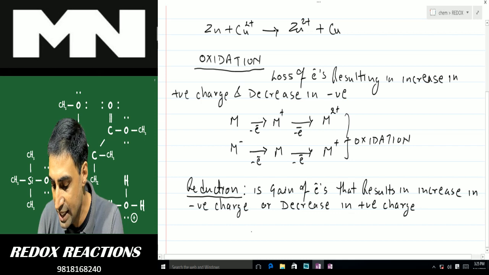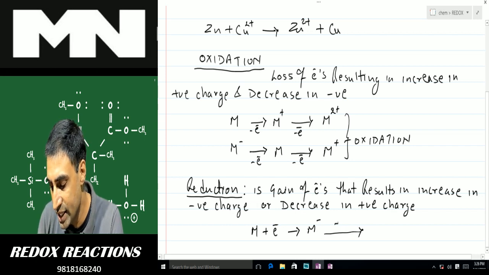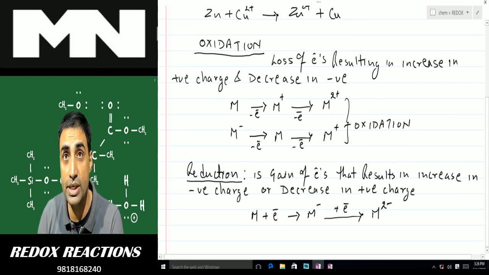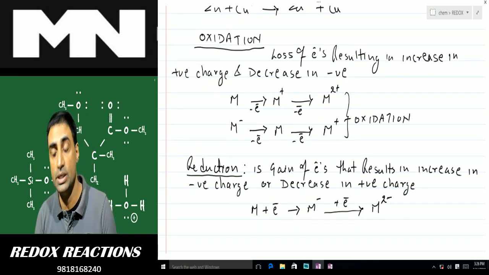So suppose I have M that will gain electron will get converted to M negative. M negative, if it will again gain electron, will get converted to M2 negative. So reduction results in increase in negative charge.